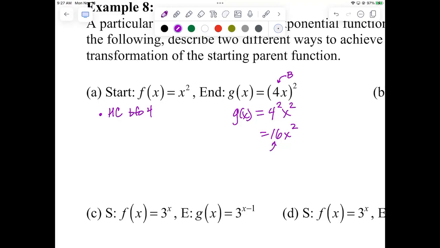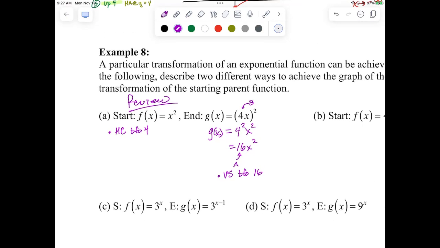So what is this 16 now? It's your a value, and it also gives you another way to obtain the same graph, which is, instead of horizontally compressing it by a factor of 4, we can vertically stretch it by a factor of 16. Yeah, this is review. We've already done this year. We're just working up to exponentials.